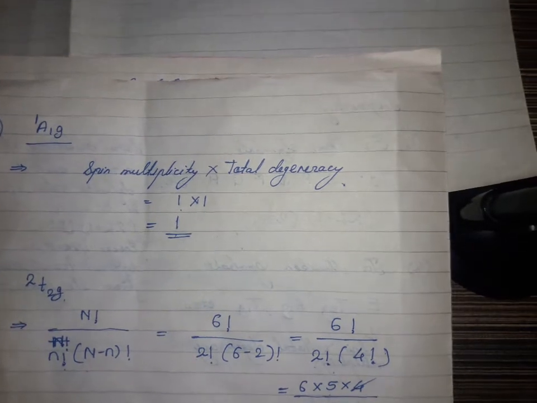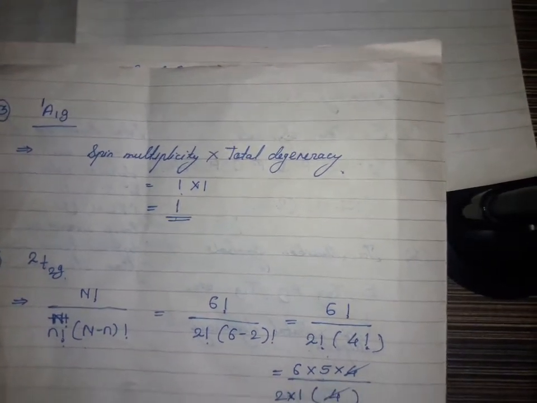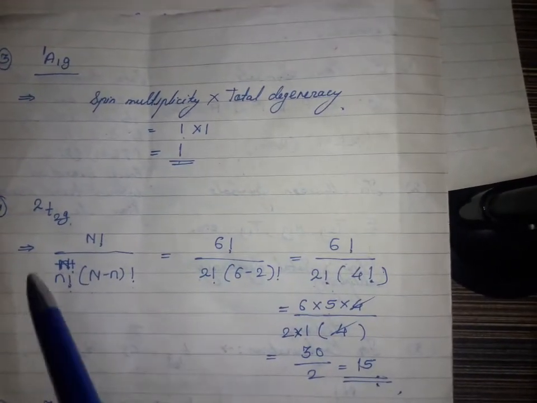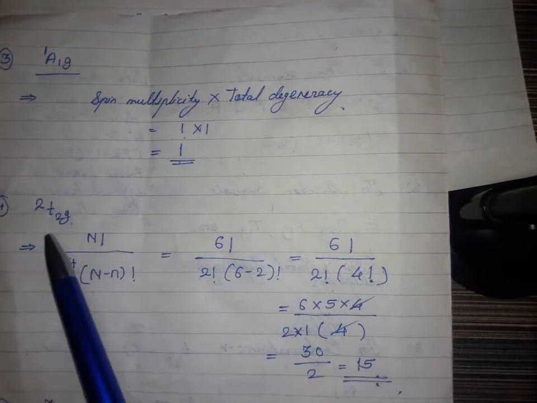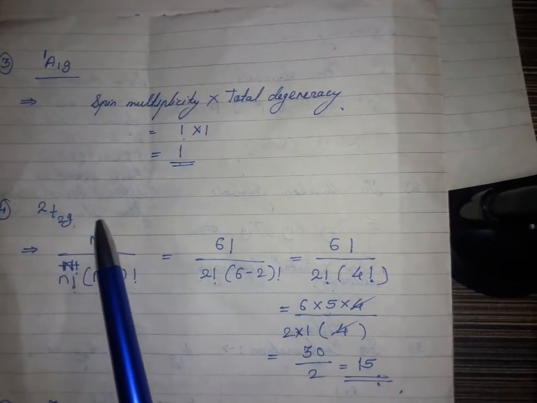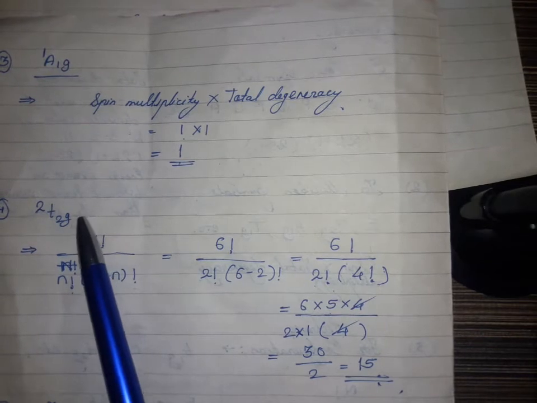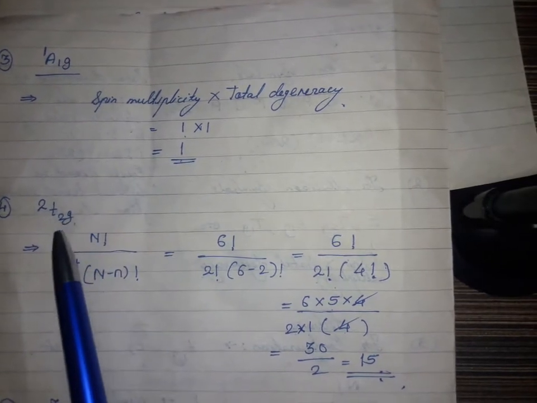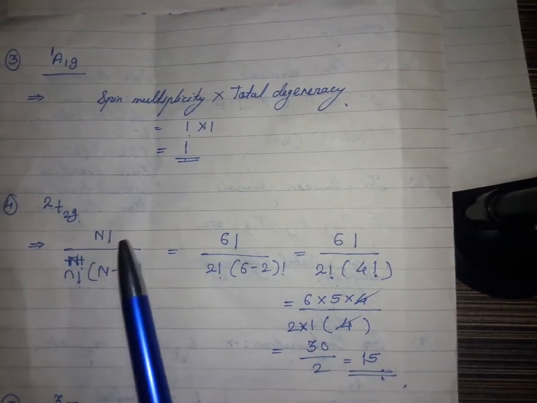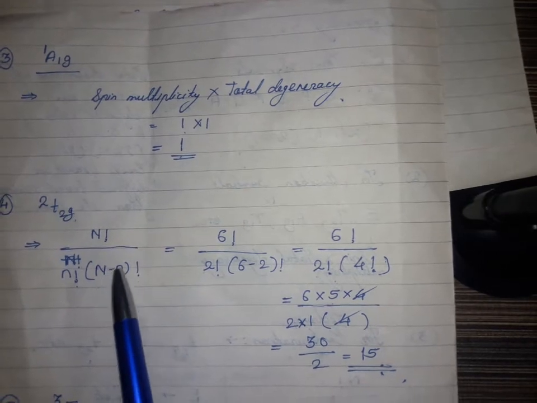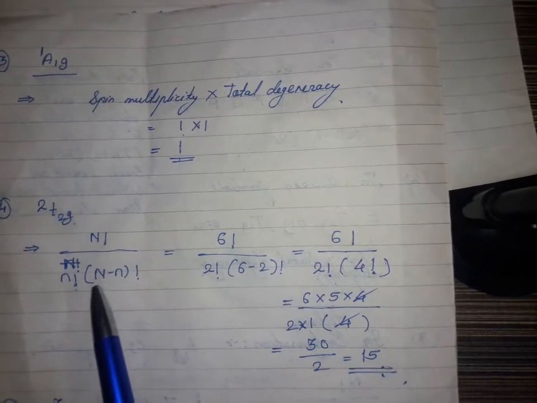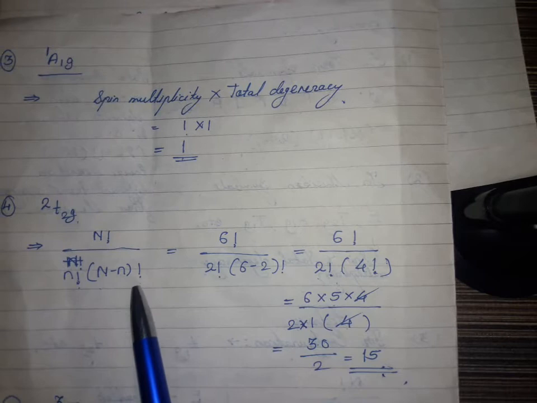Then our next problem is t2g2, or doublet 2G. Here this one is an electronic configuration. For this configuration we can use the formula: capital N factorial divided by small n factorial into bracket capital N minus small n factorial.